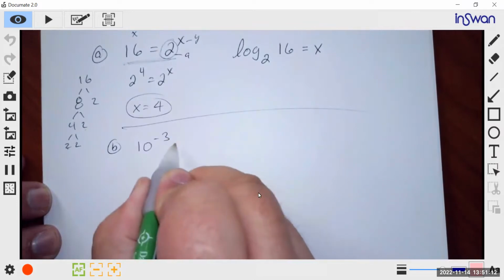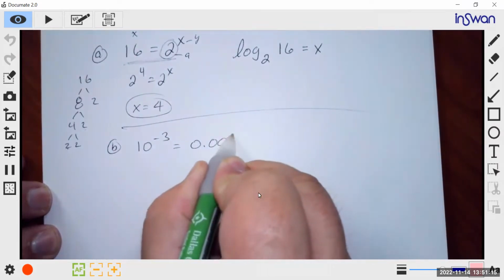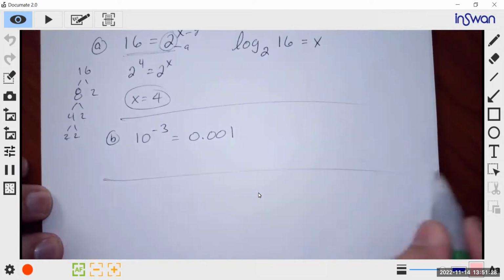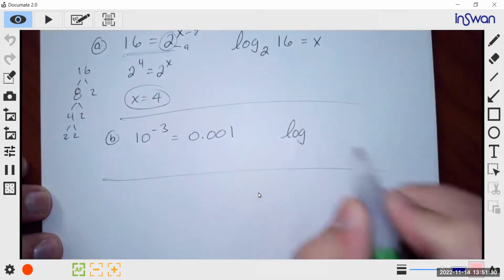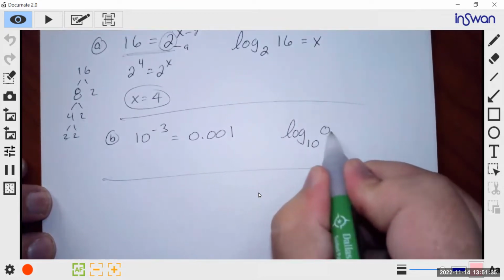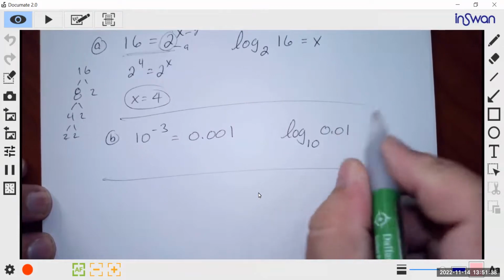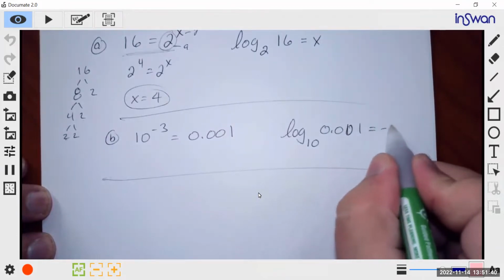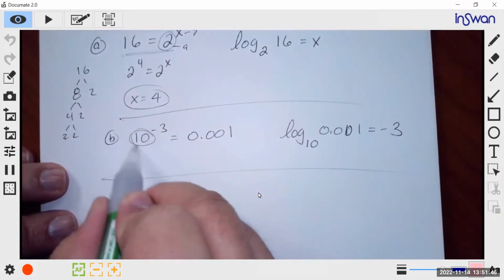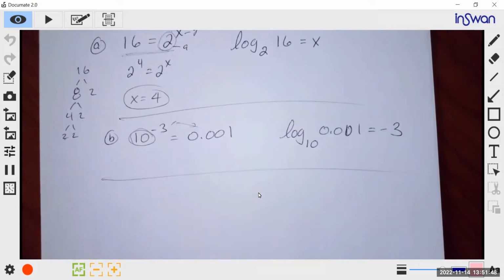10 to the negative 3 equals that. Write it as a logarithmic. There's no x in there. It'd be log base what? Yeah, because the base has to stay the base. And these two change.